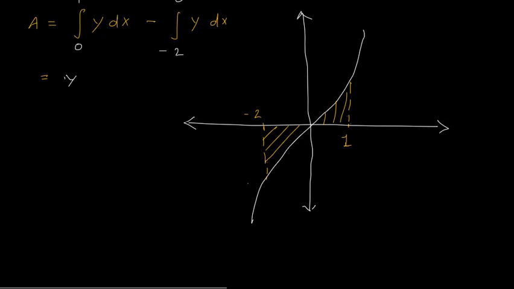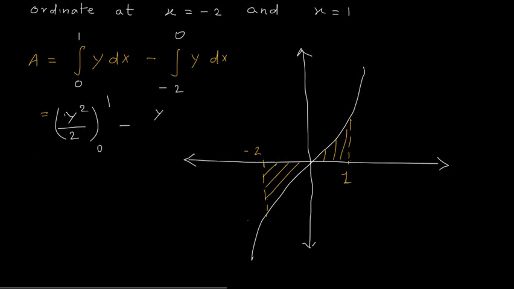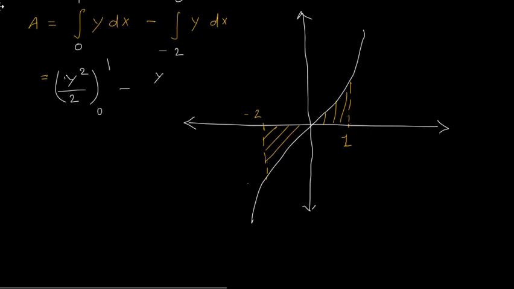Okay, so here when we integrate, we will get y square divided by 2, between 0 and 1, minus, here also something I am doing wrong, y is x cube, yes, x cube, definitely I was doing wrong.